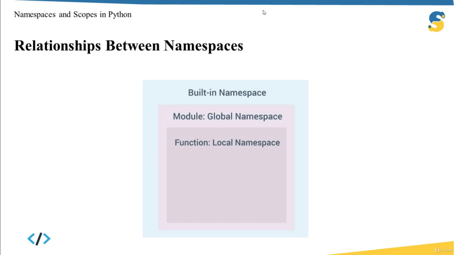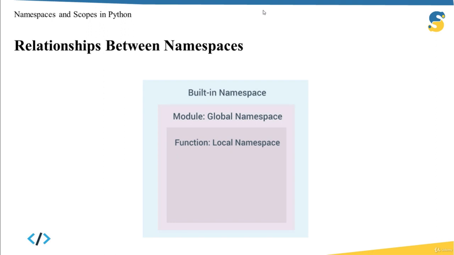Also, any name defined within a module can be used by any function directly defined inside this module, not inside functions defined outside of this module. And the last point here, function or local namespace. From this we can understand that any name defined within a function can be used only within the function namespace without any problem. So keep this in mind: the largest one is built-in, the smallest one is function namespace.